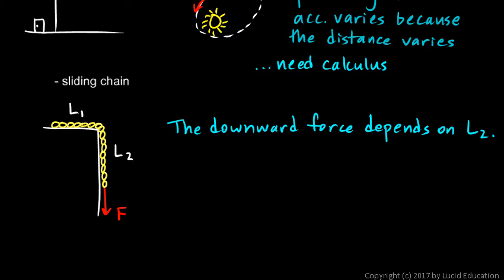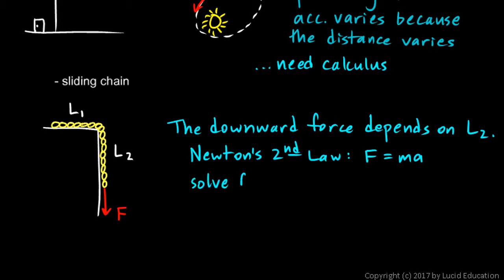Now we know Newton's second law will tell us how this accelerates. Newton's second law deals with forces and masses and acceleration, and specifically it says force is equal to mass times acceleration. So we can find the acceleration. Just solve for A, and that's simple. A is F over m, force divided by mass. So we can figure out how much this section of the chain weighs, divide that by the mass, and calculate the acceleration.